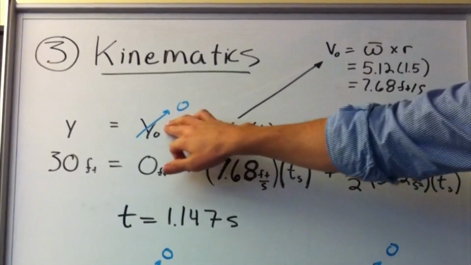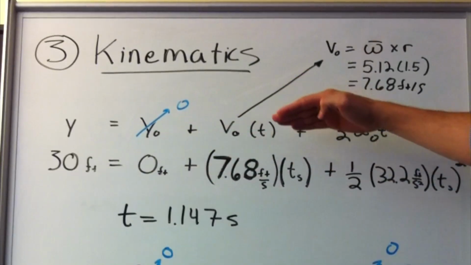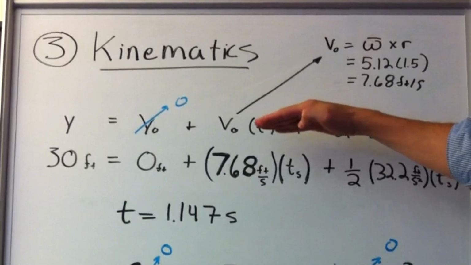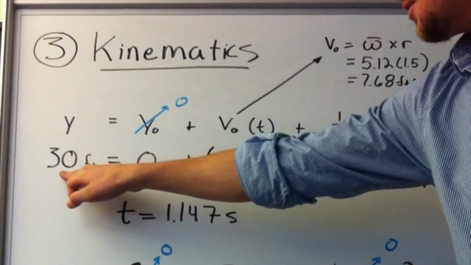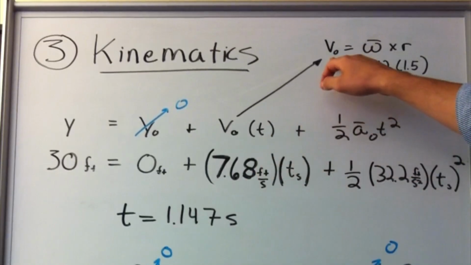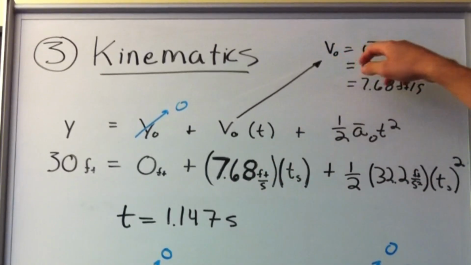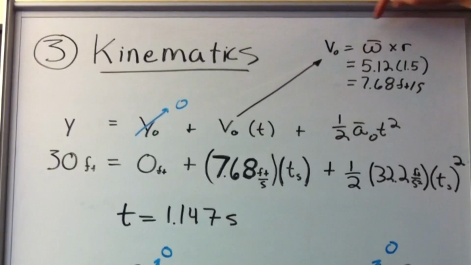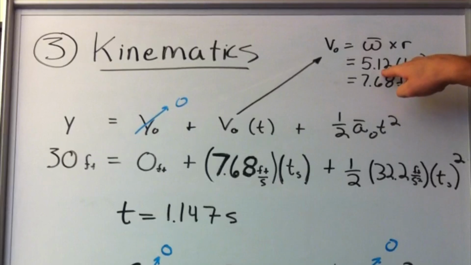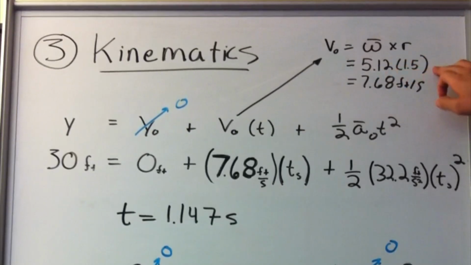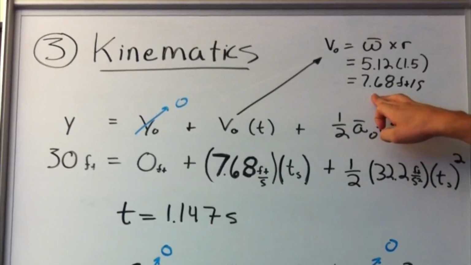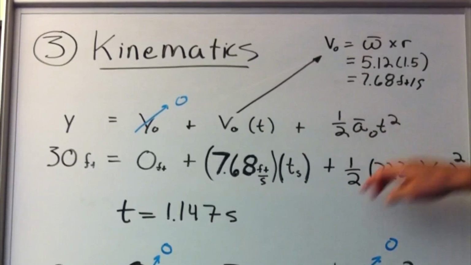This y naught is going to go to 0, since our datum is at the edge of the diving board at point A. So he's going to travel 30 feet down, and then plugging what we got for omega, the angular velocity, back into this equation, we're going to solve for v naught. So omega from our previous equation was 5.12. We're going to multiply that by the radius, which is 1.5. That's going to give us 7.68 feet per second.